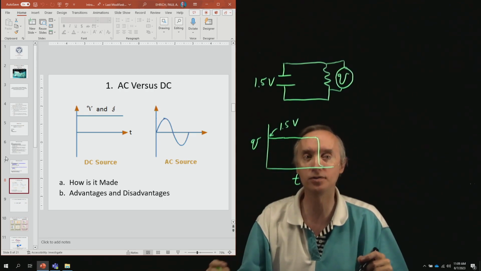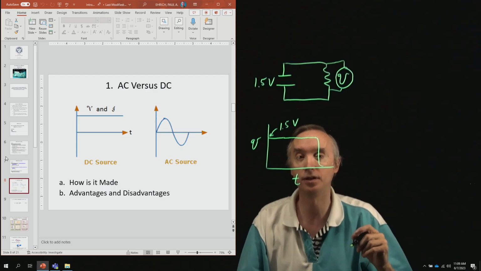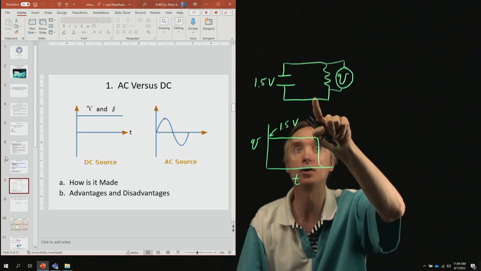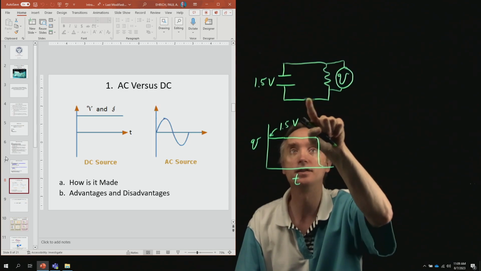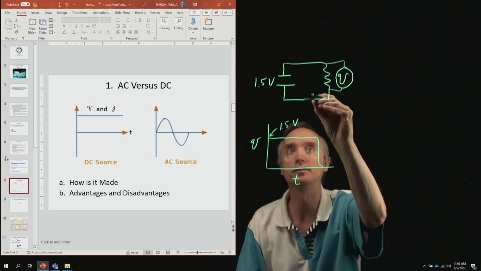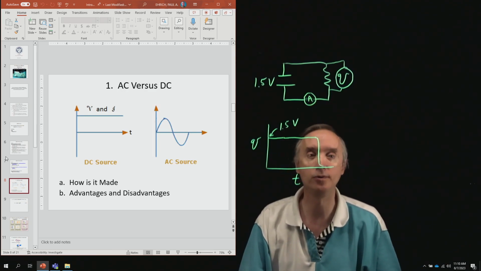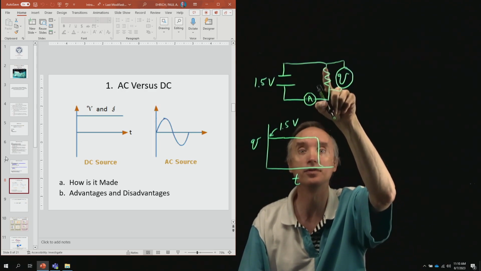Now we could also measure the current in this thing, and if you recall, the way that we would do that is we would open up the circuit, and then we would put an ammeter in there, and we could measure the current flowing through this resistor.